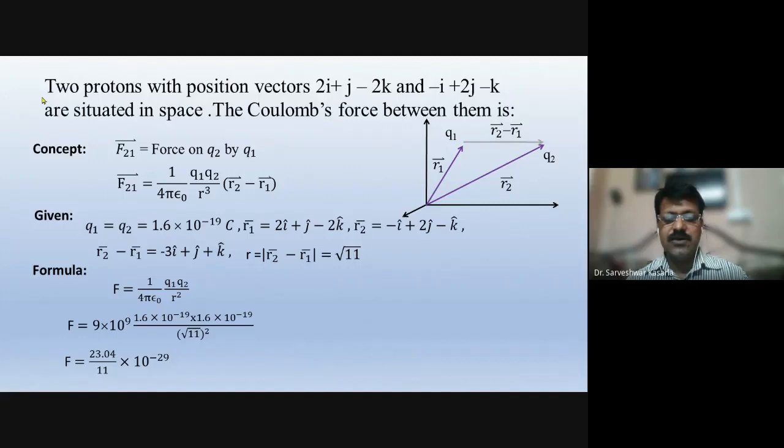As I have already suggested, separate the powers of 10, solve them separately, and just calculate the numerical values. That is 9 into 1.6 into 1.6 comes out to be 23.04, and square root of 11 square is 11 only, and the answer comes out to be nearly equal to this much.